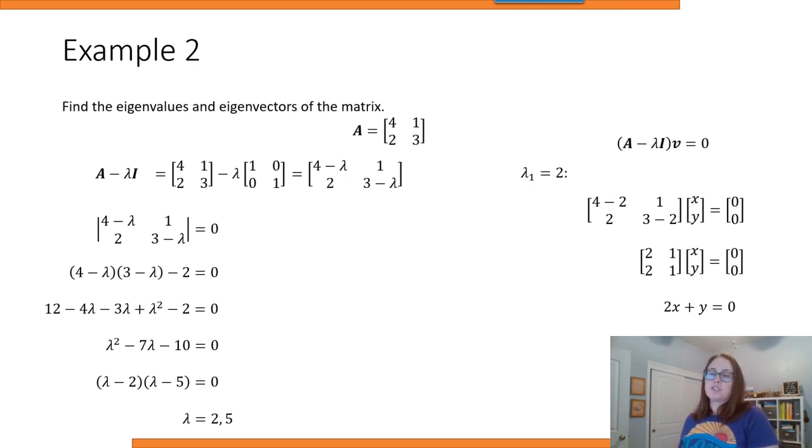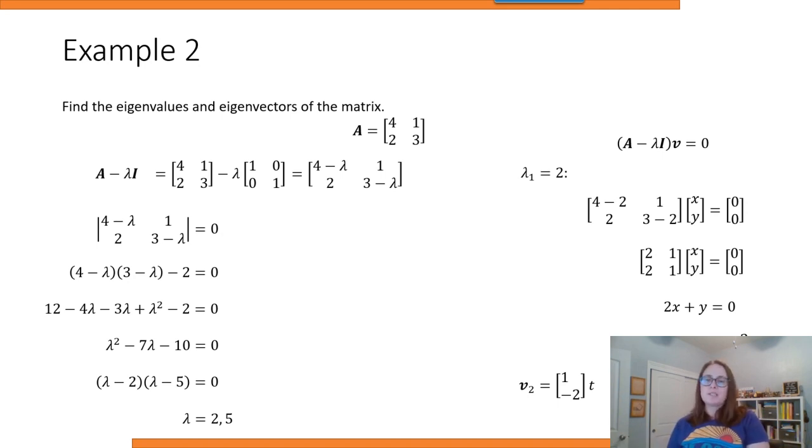Okay, so this I can then solve for one of my variables. I'm going to go ahead and subtract the 2x to get y equals negative 2x. So y is always going to be dependent on the x value. That means I can create an eigenvector from this relationship where x is 1, or 1 times some parameter t, we can say, and then that means that y would be negative 2 times that.